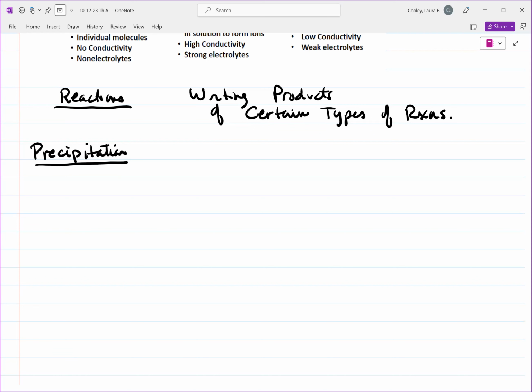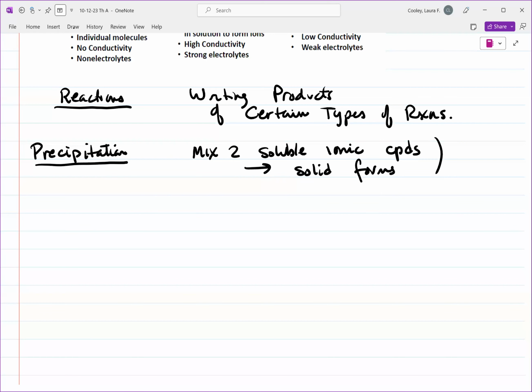And a precipitation, as I've told you before, is when you mix two soluble ionic compounds together, and you see a solid forms.